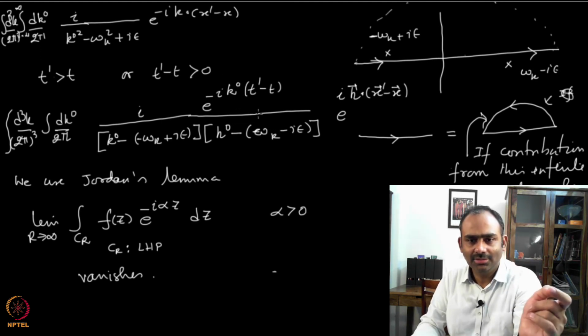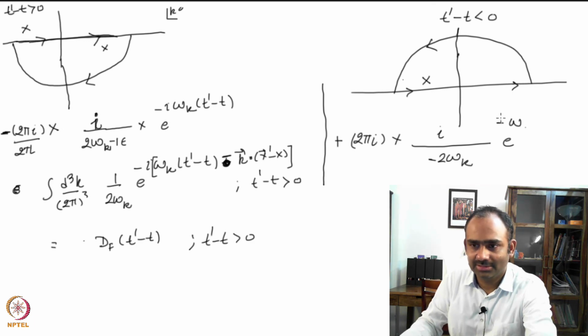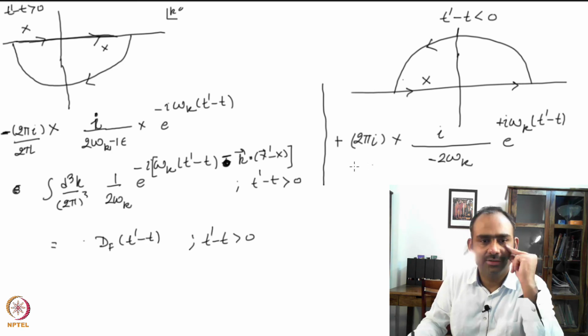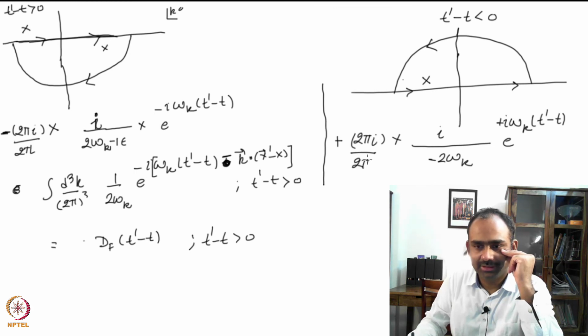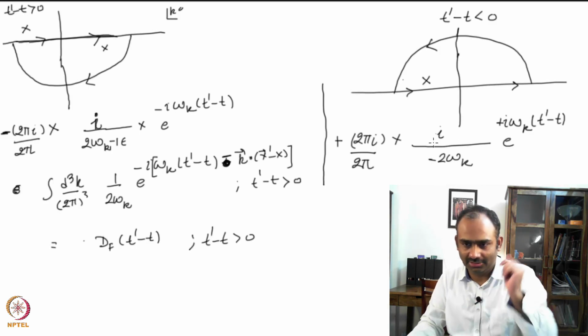So, minus 2 omega k, the sense is positive, and let us look at the exponential factor. It was minus omega k, so we get plus i omega k (t prime minus t). And then of course, you have the factor of 2 pi coming from here, and the factor of i, which I already have taken.